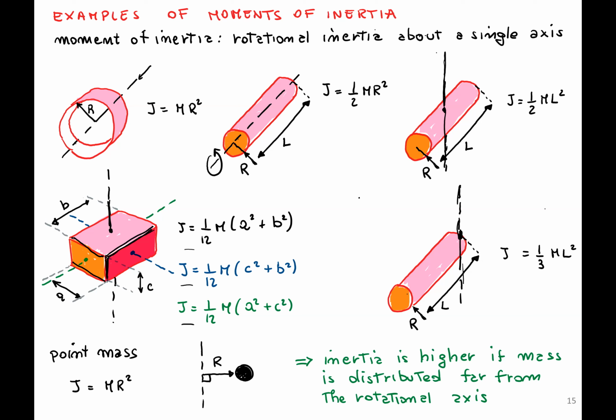So do you think, for example, if the mass is the same and you have a disk rotating about the x-axis, or an annulus, so a hollow disk, where is the higher moment of inertia here? Which of the two has the biggest J? The second one, because we distribute the same mass more far away from the axis.